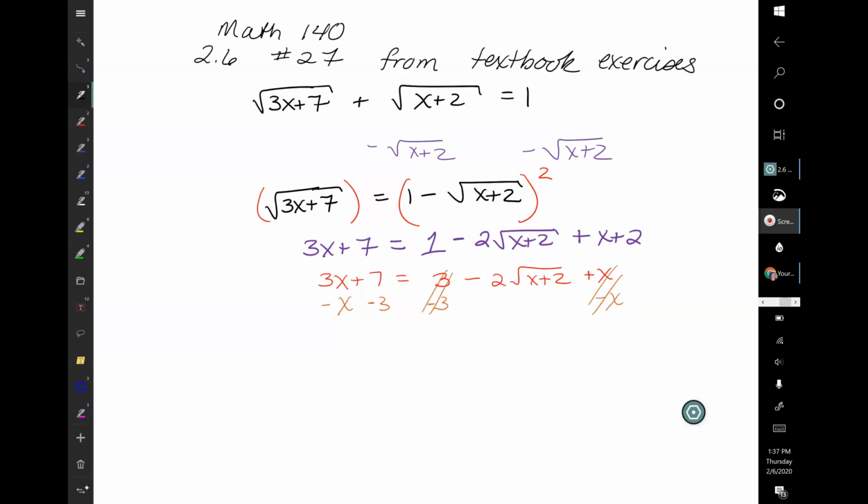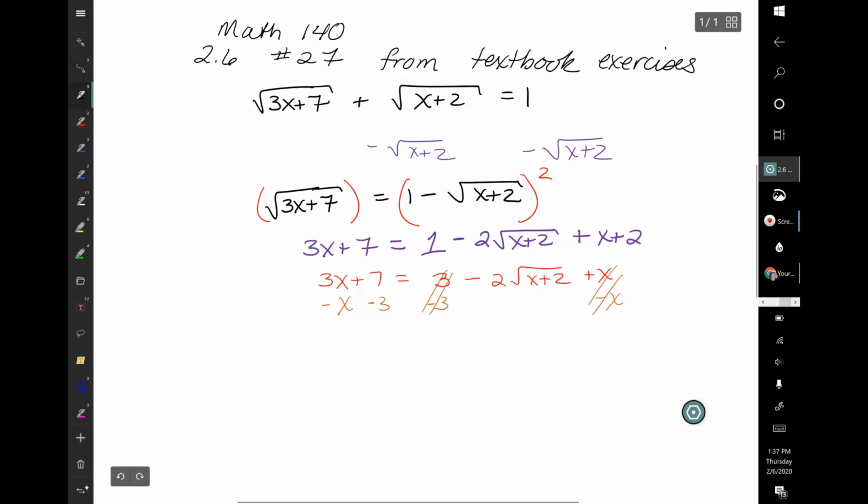Okay, so now what I've done is I added the 1 and the 2 here to get the 3, and then I subtracted 3 from both sides and an x from both sides.